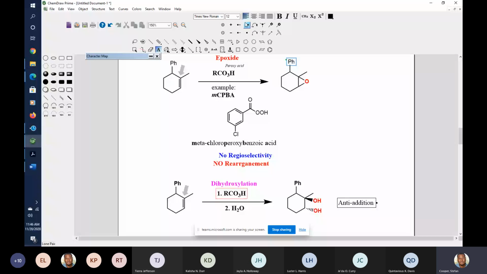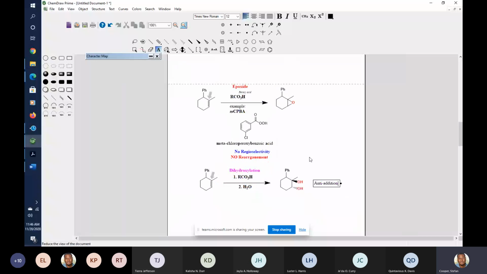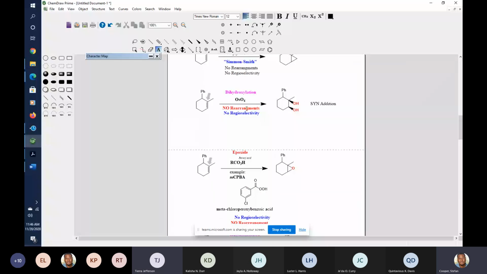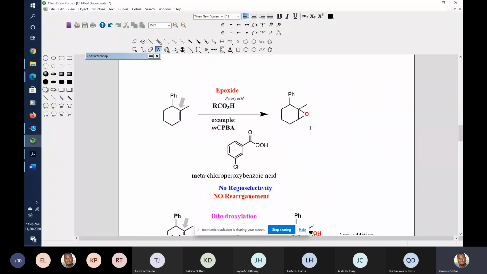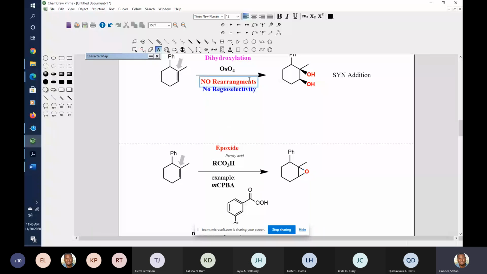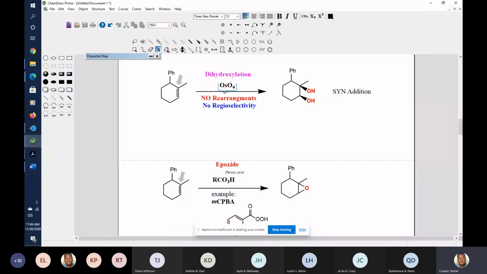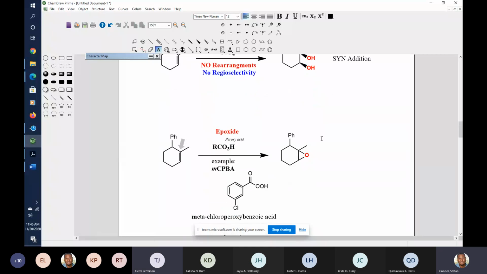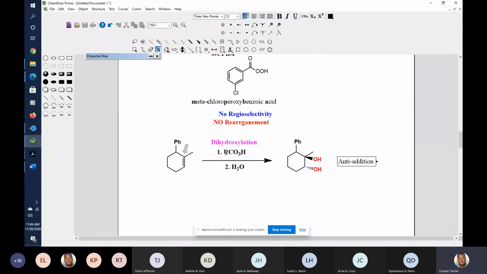So let's look back. Let me see if I can minimize this a little bit, just kind of make a summary review. If I use plain osmium tetroxide, I get a syn addition product, right? I do dihydroxylation, that's syn. So that's synthetically useful if I want both OHs on the same side. This is if I want them on the opposite side: make the epoxide and open with water.